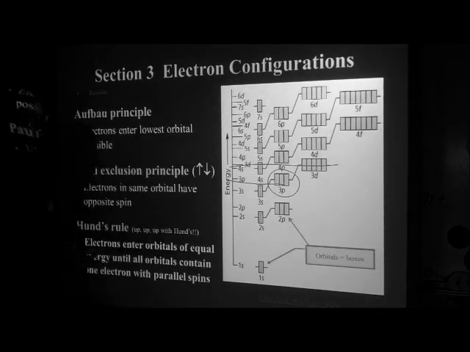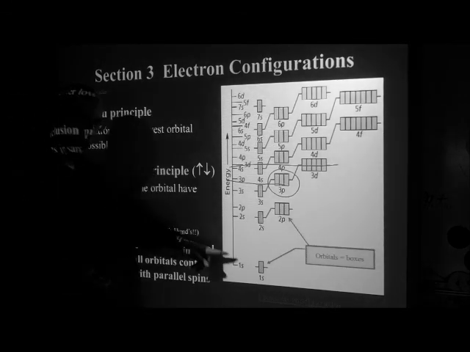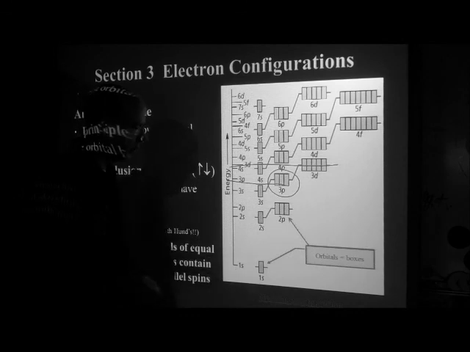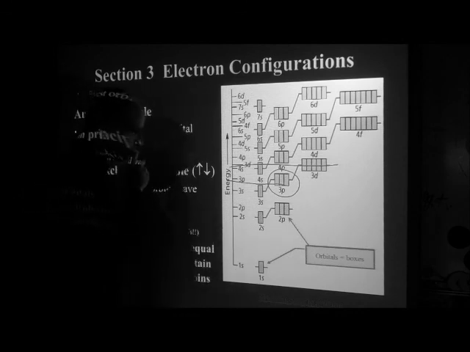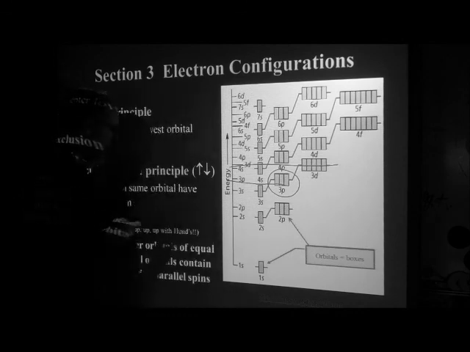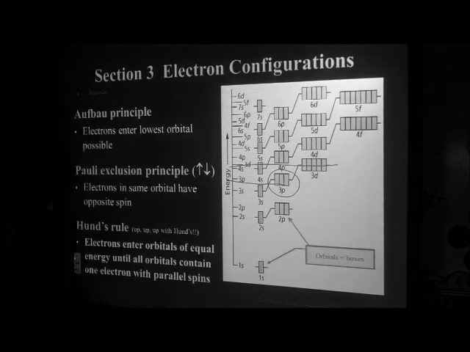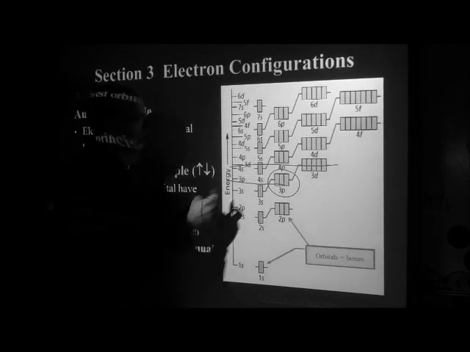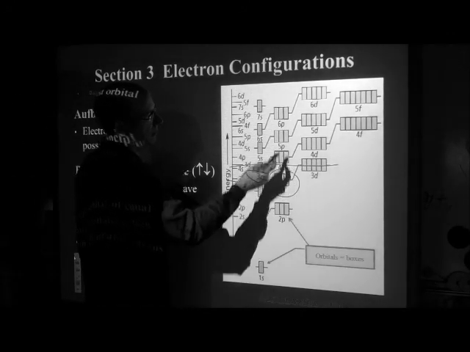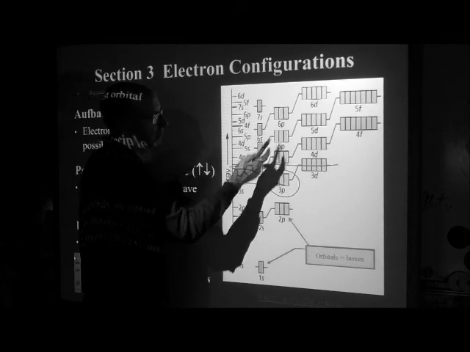So when we're putting electrons in there, remember each orbital, each box can hold up to 2 electrons. So when we put the electrons in here, electrons enter orbitals of equal energy until all orbitals contain 1 electron with parallel spins. And that means that if you're up here in the 5p, I'll just pick that.